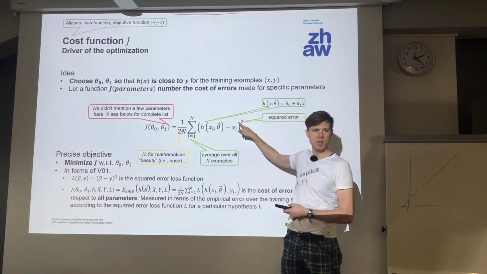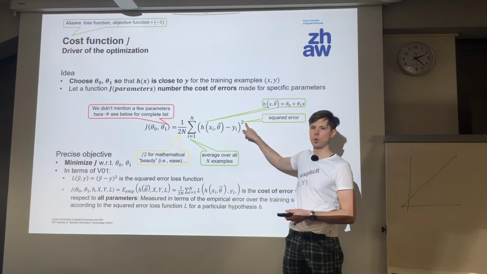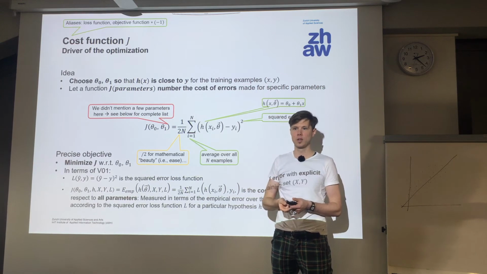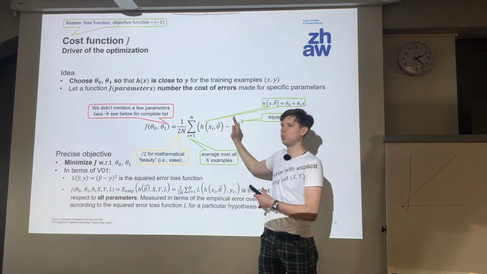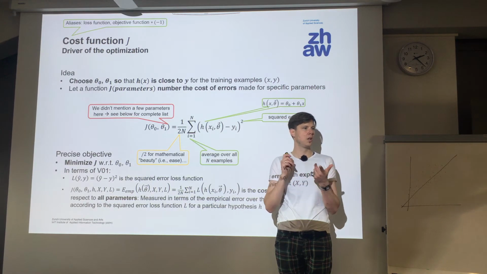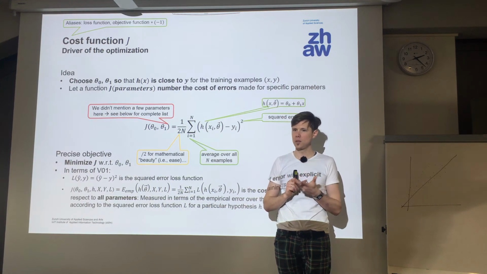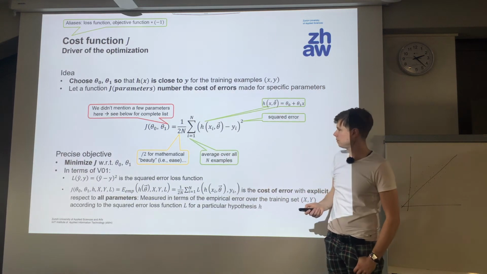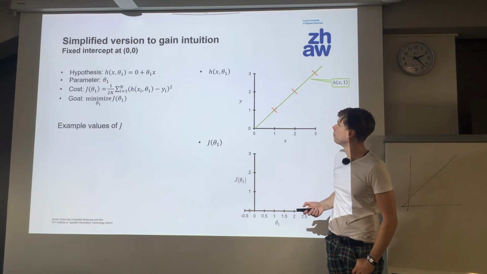Basically by means of that square here, where we say smaller errors we don't care about, larger errors are really bad. So with this tiny function, we tell the learning algorithm a lot. Our assumptions, what is bad and what is good, all the data, it's everything in that function.